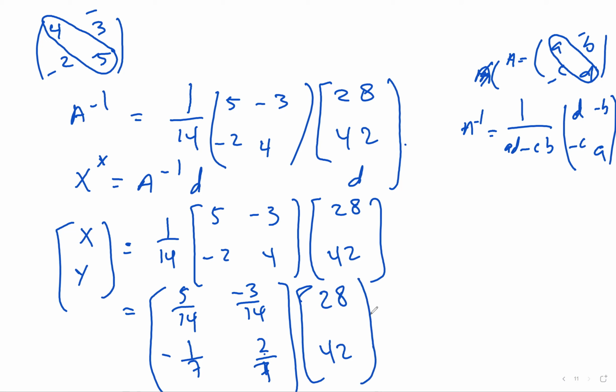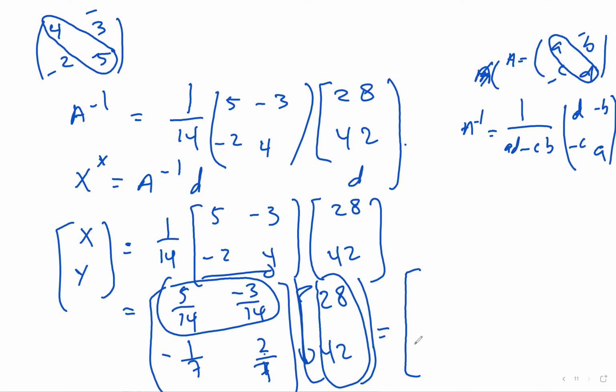Now, all we do is take row multiplied by column. You go across this, and you go down. So we get a 2 by 2, and then you have a 2 by 1.